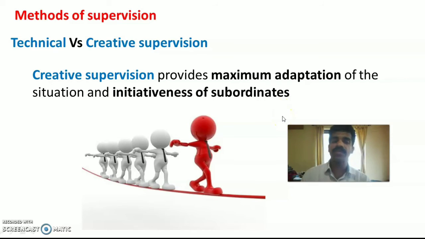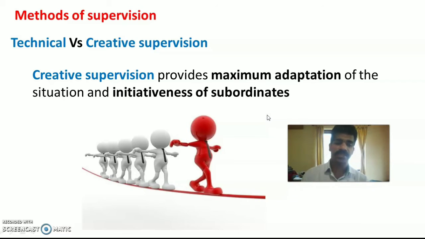They can develop their creative nature to solve the problems and plan and implement the various activities in the work settings. Thus, creative supervision provides maximum opportunity to the workers or employees. It also welcomes the initiative of each employee in planning, implementing and making various decisions in the work settings.